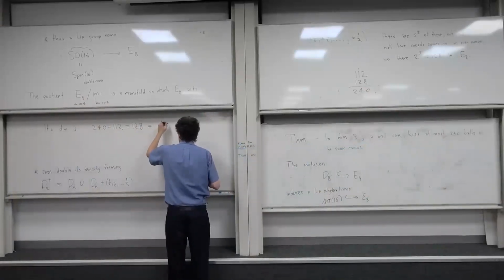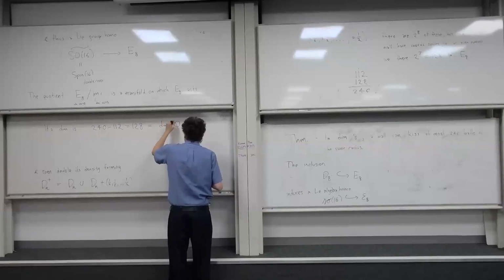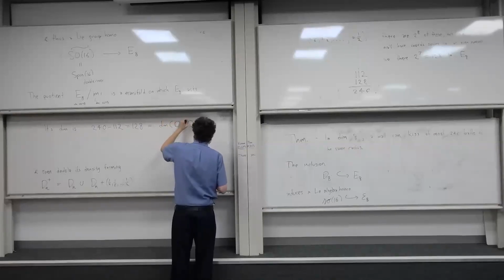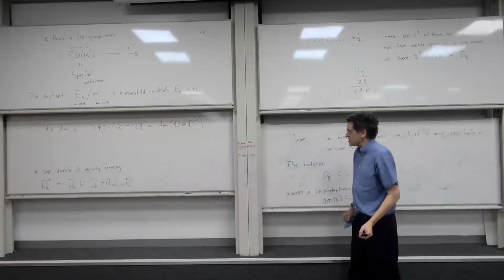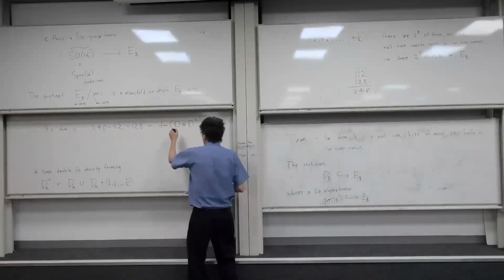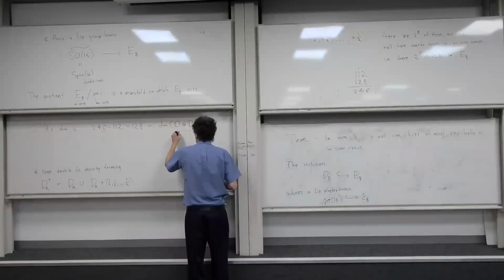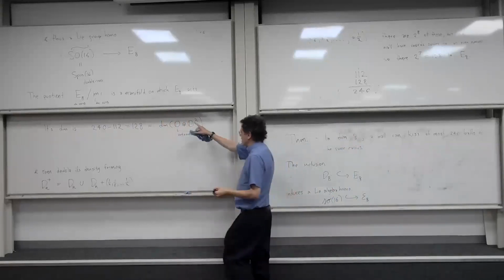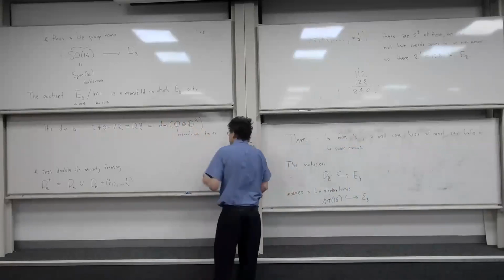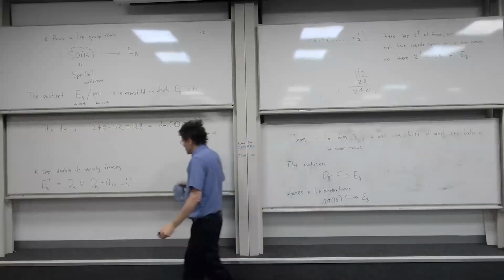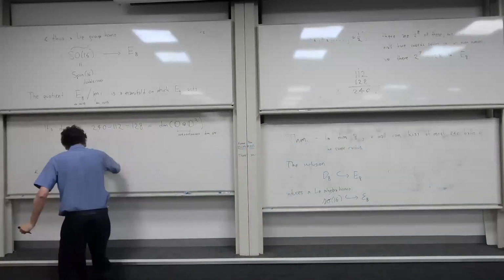Now, what's so great about 128? Well, it's a power of 2, of course. That's basically what's great about it. But it's also the dimension of the octonions tensor the octonions squared. So the octonions tensor the octonions is some algebra that I mentioned a while back called the octo-octonions. It's a non-associative algebra, and it has dimension 8 times 8, so that's dimension 64, but its square has dimension 128.